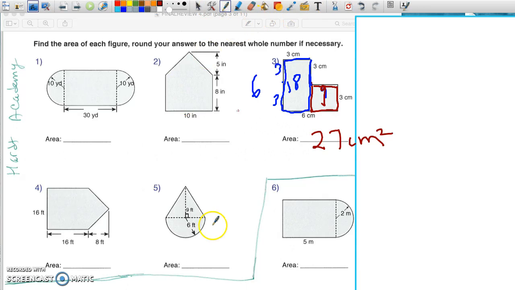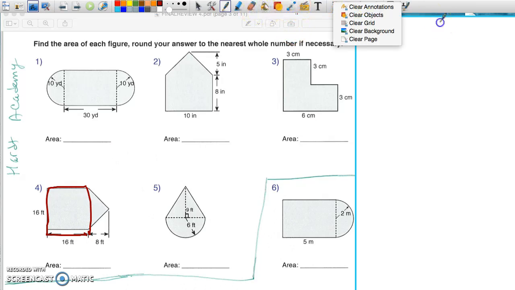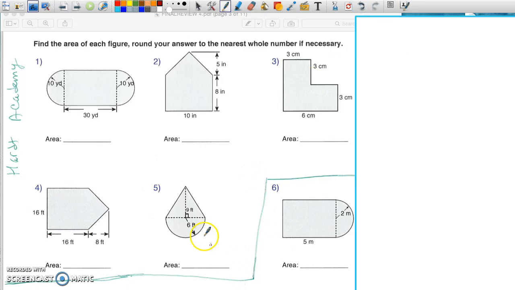And let's see, this one, same as that one. Triangle. Oh, and a perfect square. Okay. Let's see if I have enough time on this video to do this one and this one. Oh, but here's the thing with this one. You have this, okay, and half a circle.